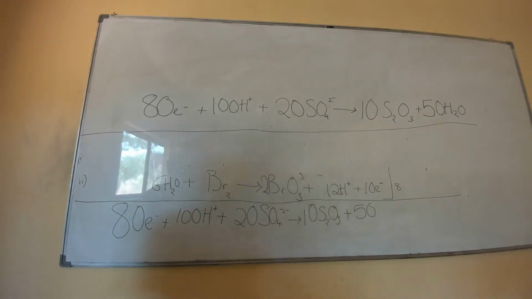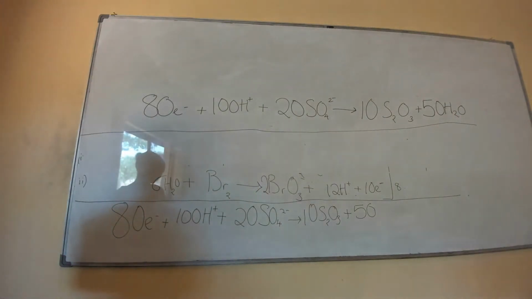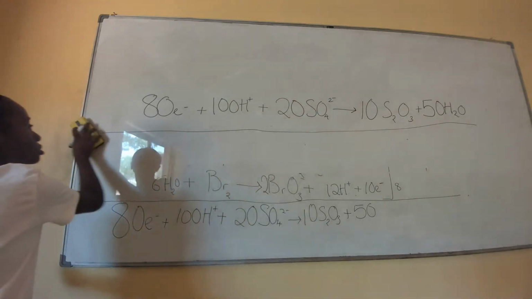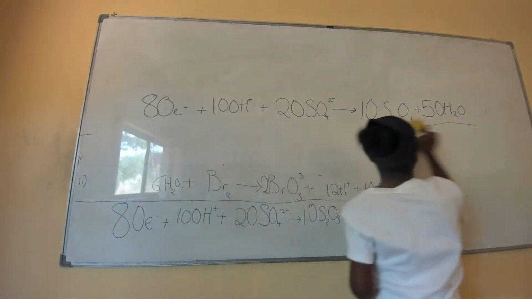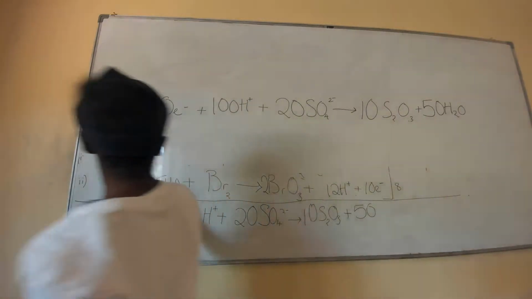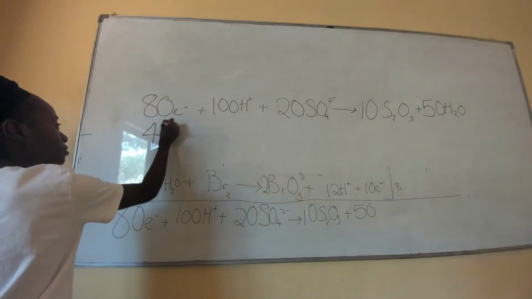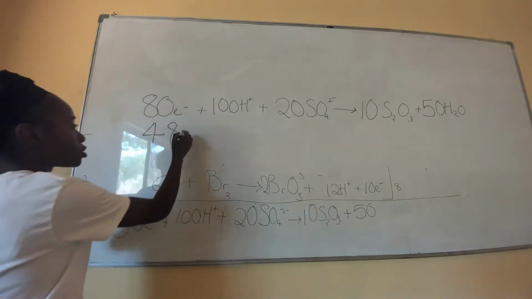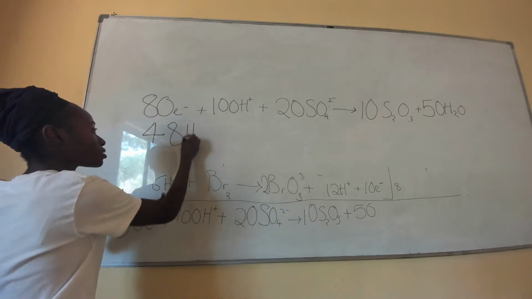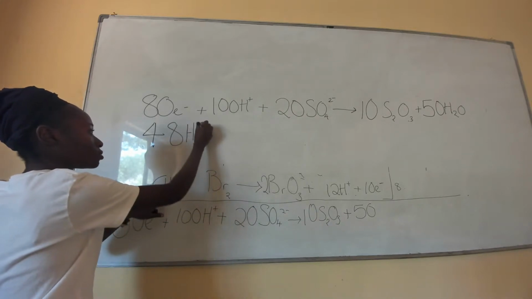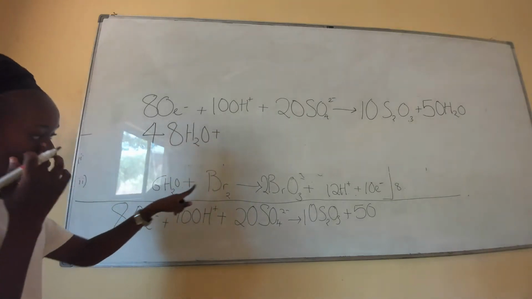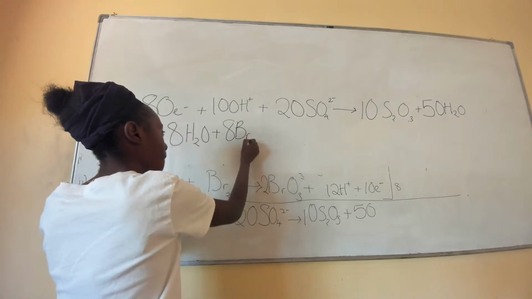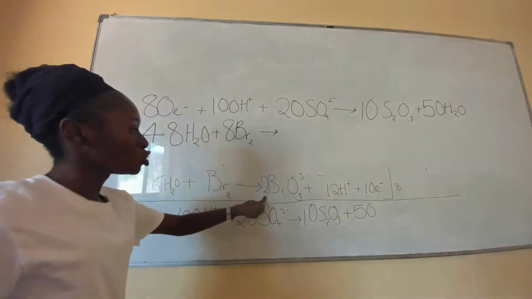for the second equation, when we multiply it by 8, it's going to be 48 water molecules plus 8 bromine to give us 2 Br.